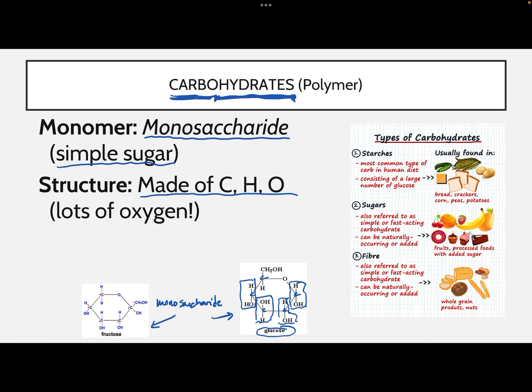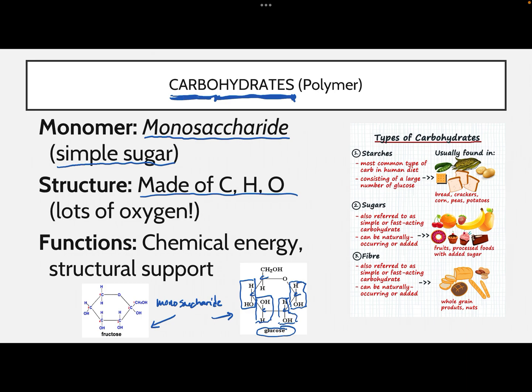So that would be the equivalent of a water molecule stuck to a carbon atom. So that's why they're called carbohydrates. And there's lots of oxygen in these molecules, and you'll see in just a minute that that's in comparison to the other CHO compound that we have, which doesn't have a lot of oxygen.